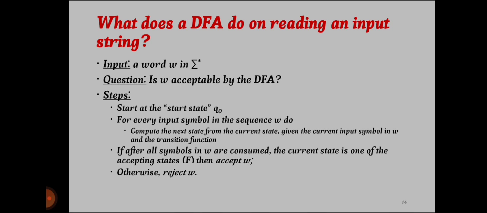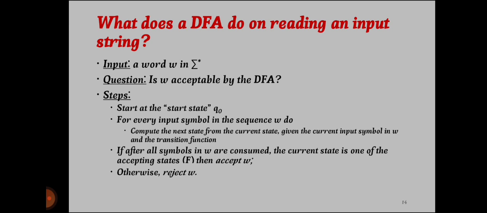For example, what does a DFA do on reading an input string? This is a question. The input is a word W in sigma star. Question: is W accepted by the DFA or not? The steps: start at the start state, which is called Q0.